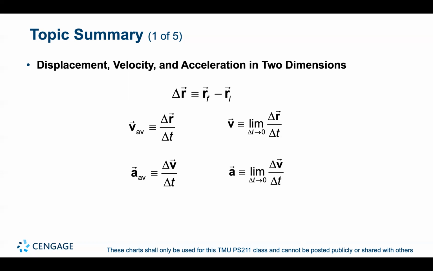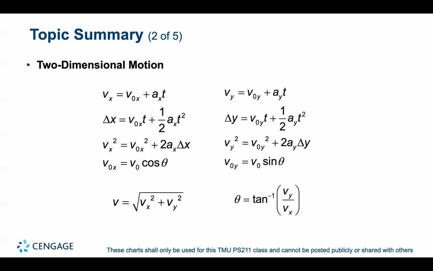The average acceleration of an object with a velocity changing by delta v over a time interval delta t is shown. This takes the limit of the expression as delta t gets arbitrarily small. It gives the instantaneous acceleration a. And that's what we have here, giving a nice summary.